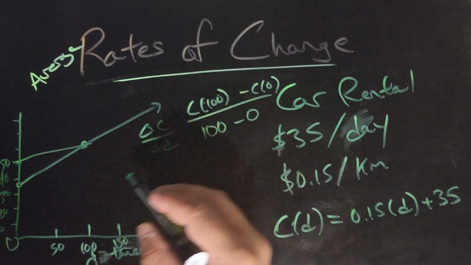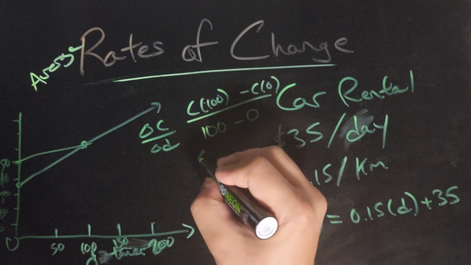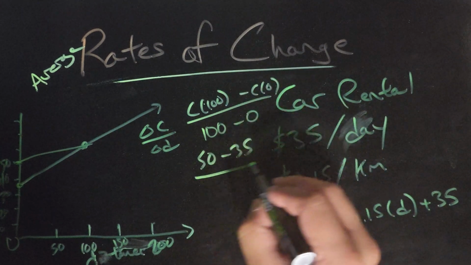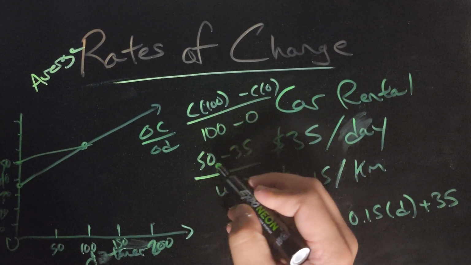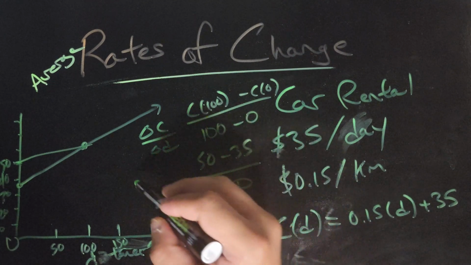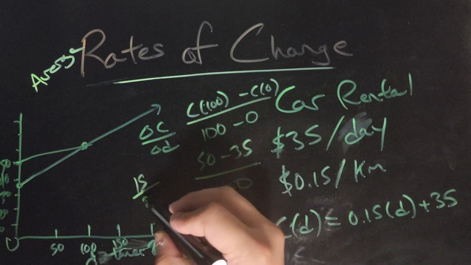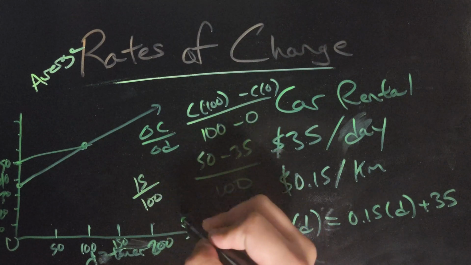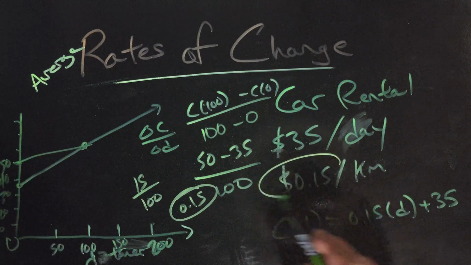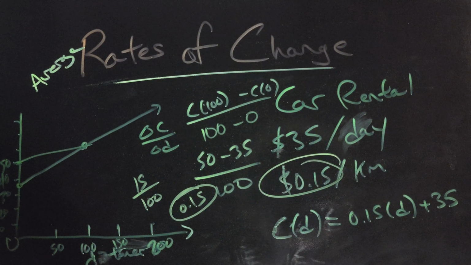So C at 100 would be 50 minus 35, divided by 100. So you'd have 50 minus 35, which is 15, divided by 100, which is 0.15. And that's exactly what she's getting charged anyway per kilometer.